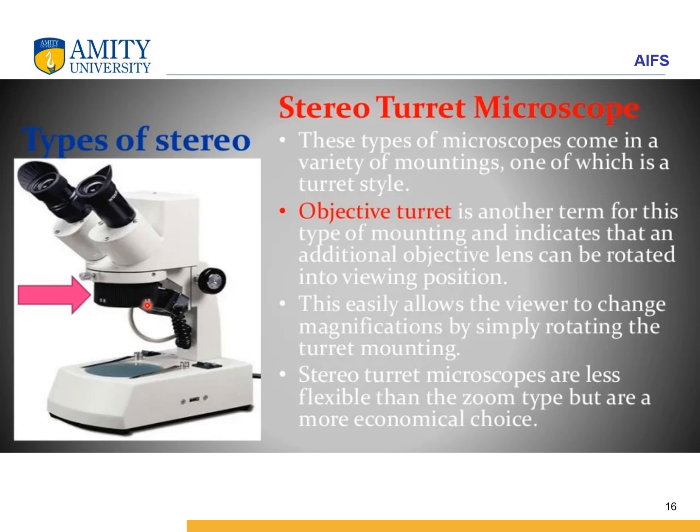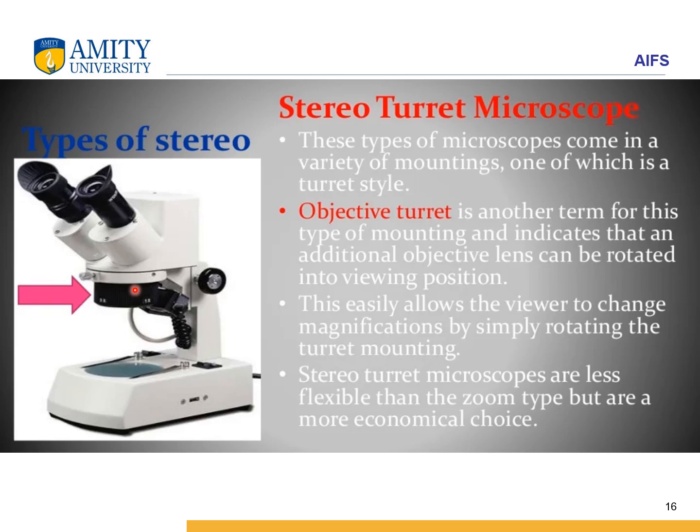This easily allows the viewer to change magnification by simply rotating the turret mounting. Stereo turret microscopes are less flexible. As you can see, it is fixed, and this type of microscope is less flexible than the zoom type of microscope.